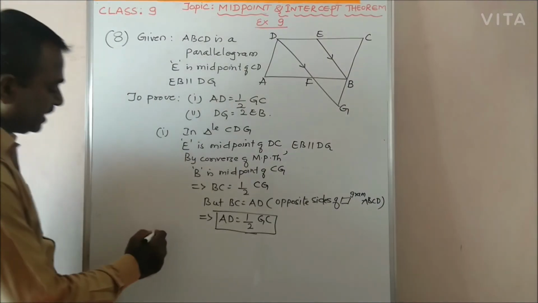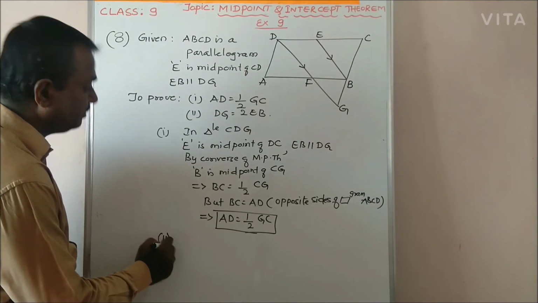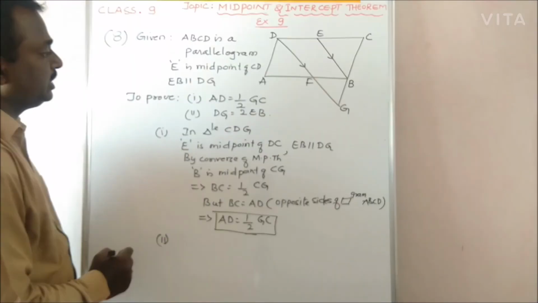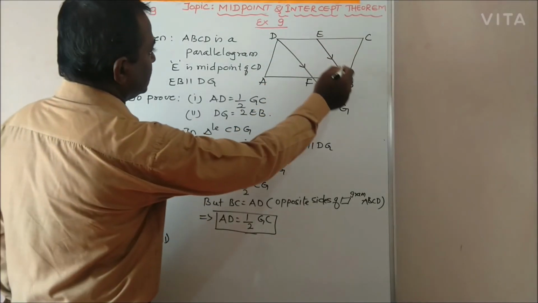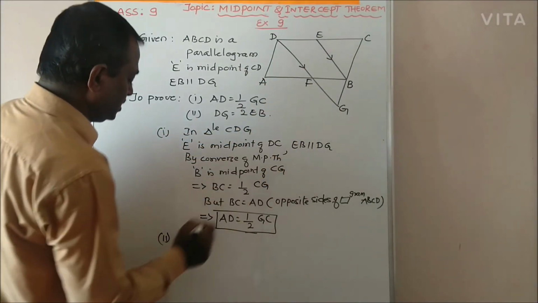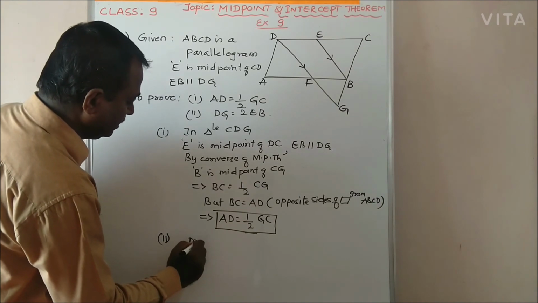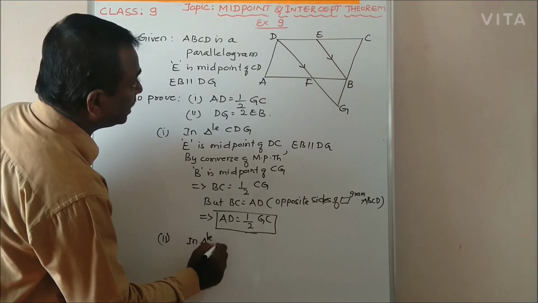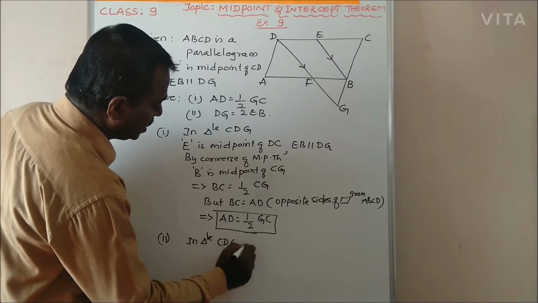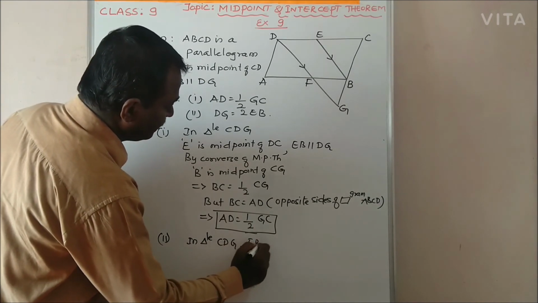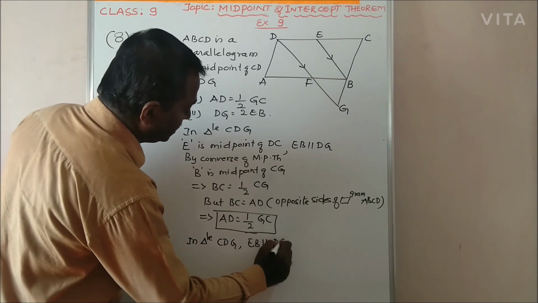If you come to the second part of the question, we have to prove DG is equal to 2 times EB. We know that EB is parallel to DG, so in triangle CDG, EB is parallel to DG.